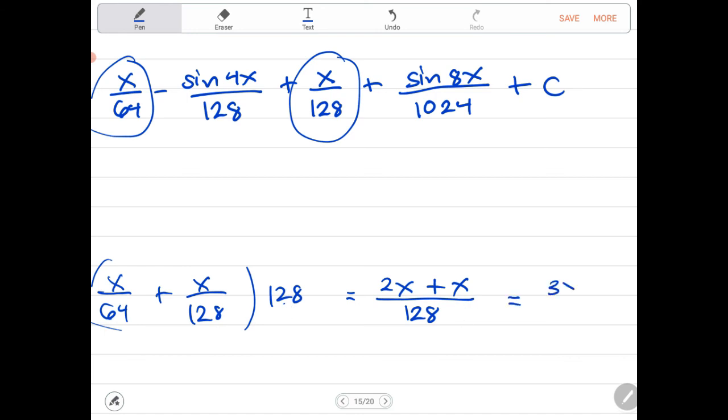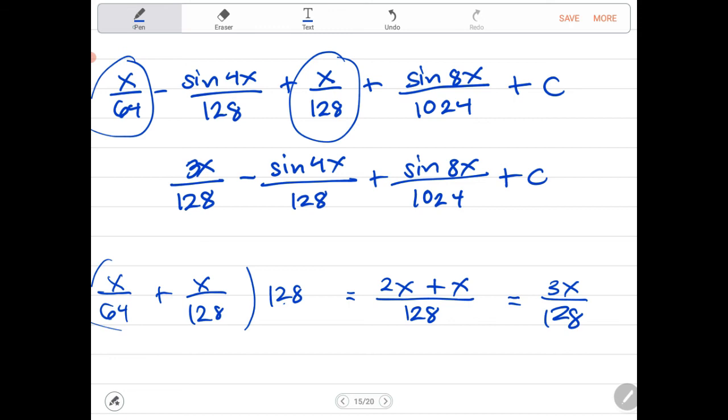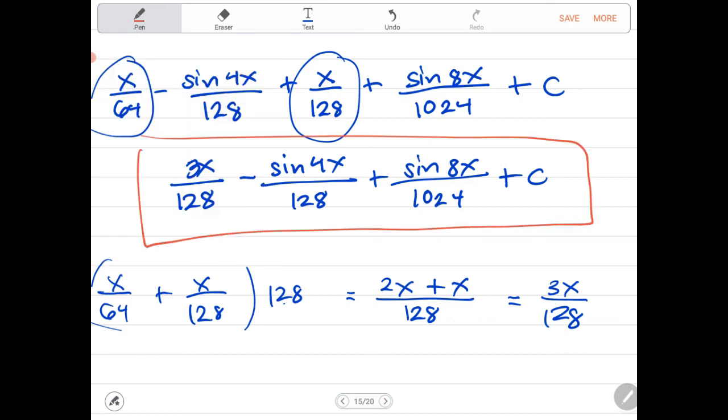So that is 3x over 128. So we have 3x over 128 minus sine 4x over 128 plus sine 8x over 1024 plus c. So now, this will be our final answer.